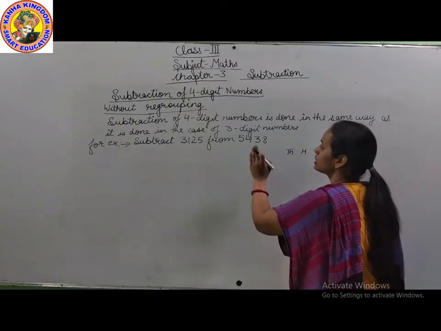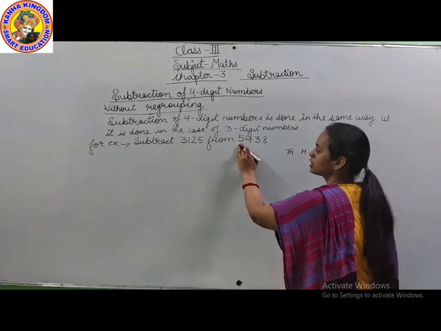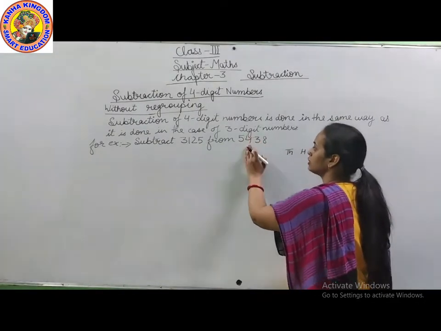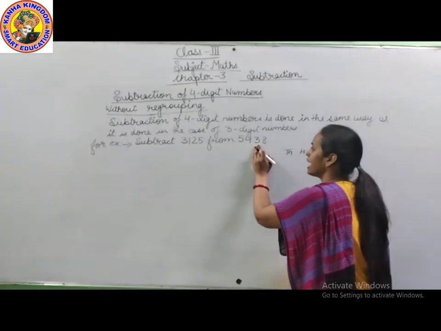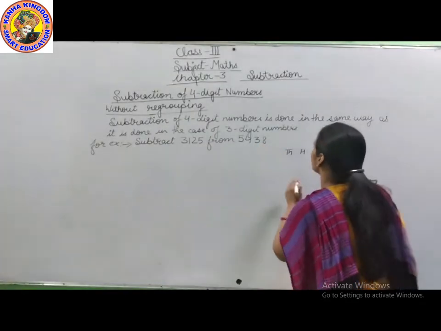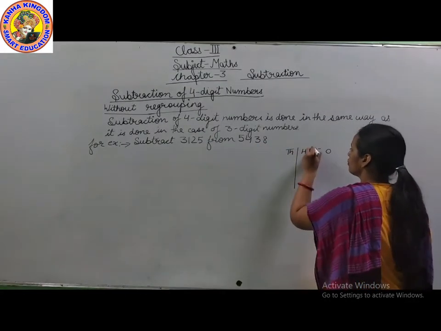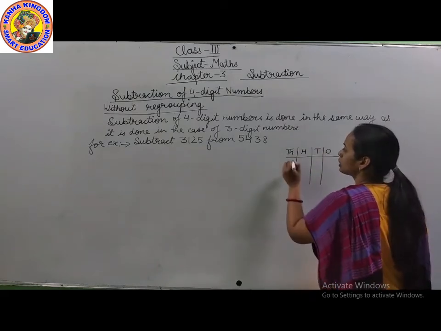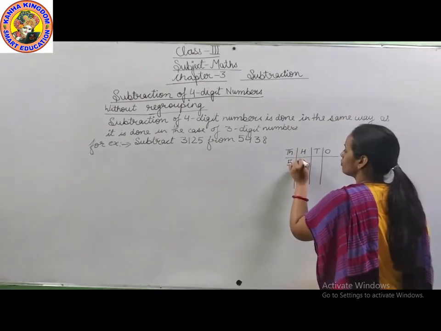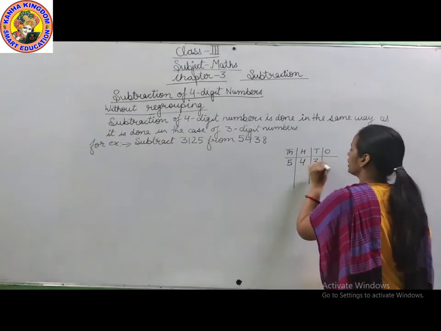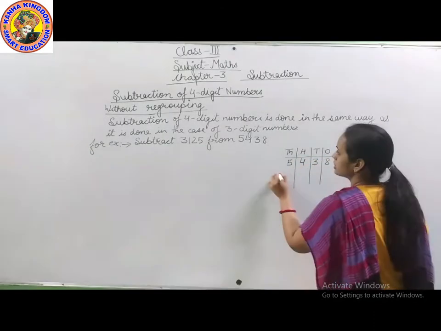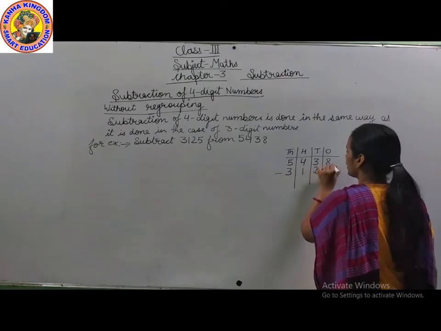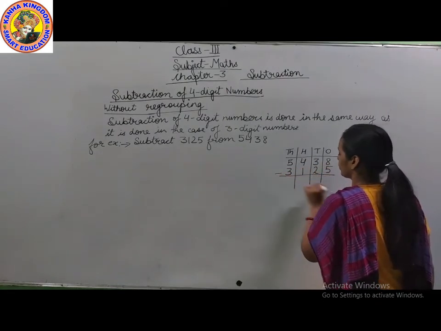In a 4-digit number, the first digit represents the thousands place, second hundreds, third tens, and last ones. So first we make a vertical column, 5438 minus 3125.